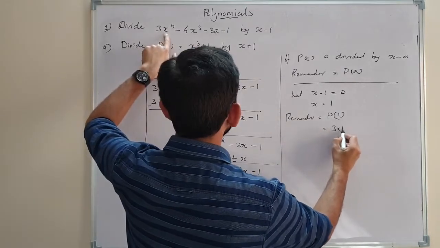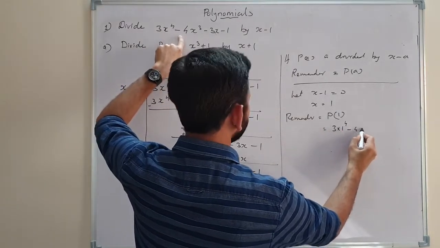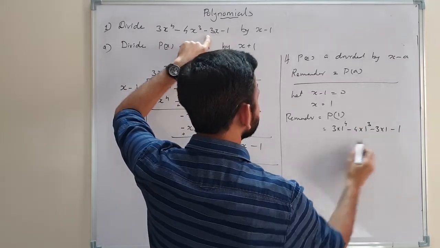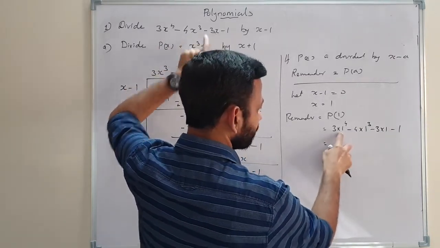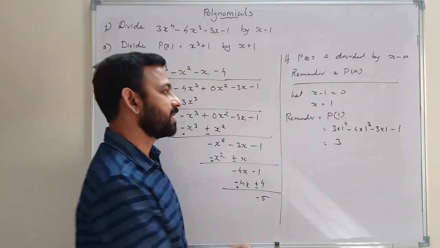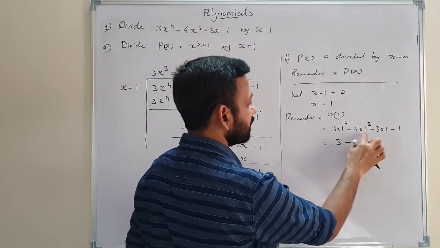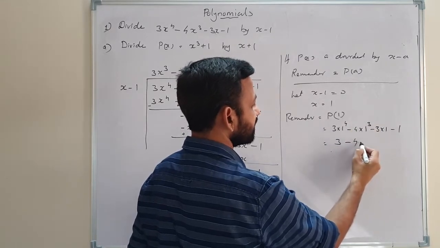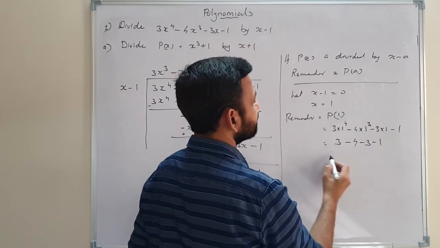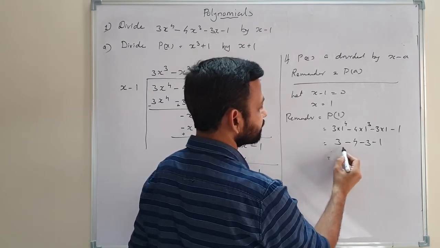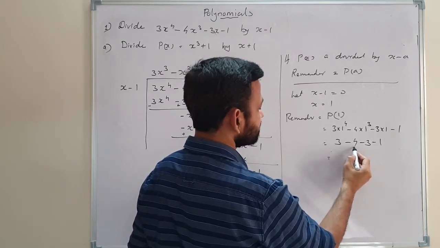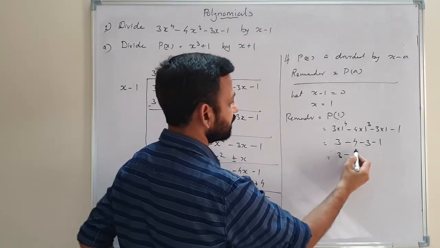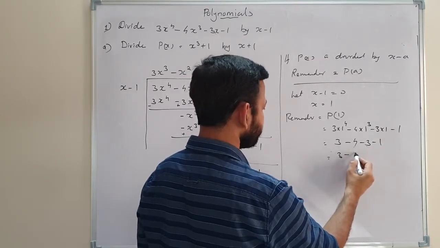So 3 into 1 raised to 4, minus 4 into 1 cube, minus 3 into 1, minus 1. That is 3 into 1 raised to the power 4, which is 3, then minus 4 into 1 cube, that is minus 4. Then minus 3 into 1, that is minus 3. Then minus 1. So 3 minus 4 minus 3 minus 1: minus 4 minus 3 is minus 7, minus 7 minus 1 is minus 8.